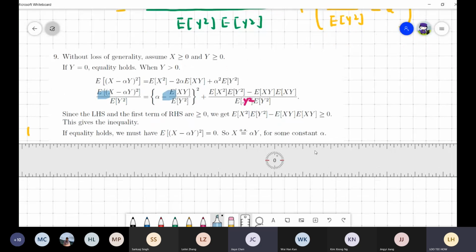If these two are equal, so that means this must be equal to this one. If equality holds, this one must be equal to 0, because that is gone. So when this one equals 0, then this must be equal to this almost surely.